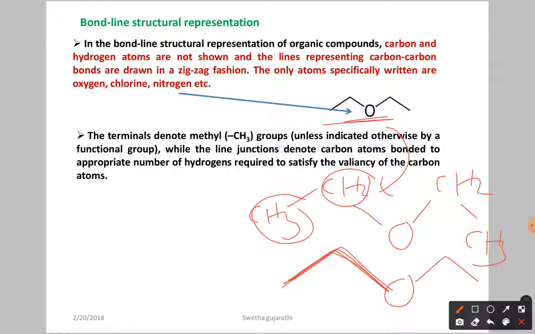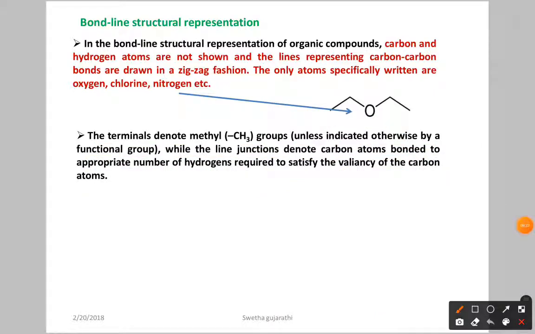Here the terminal denotes CH3 groups unless indicated otherwise by a functional group, while the line junctions denote carbon atoms bonded to the appropriate number of hydrogens required to satisfy the valency of carbon atoms. What is the meaning of this? Here you have the terminal, nothing but the last one.